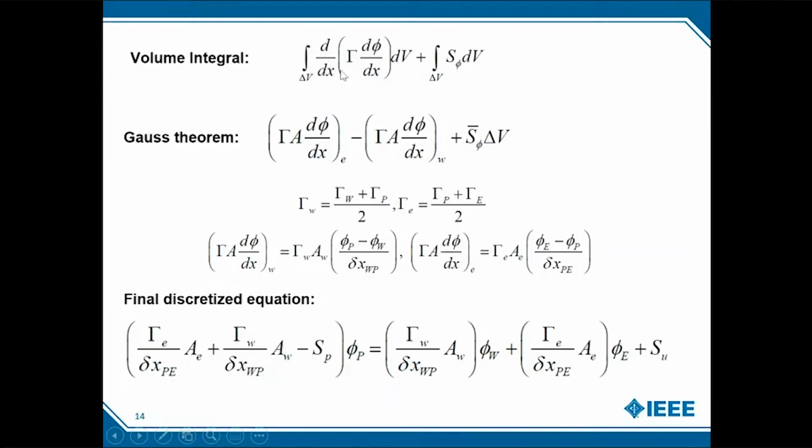Divergence is basically a 3D notation, but since we only have a 1D domain over here, this d by dx is equivalent to the divergence operator. So what the Gauss theorem said is divergence of any quantity is basically that quantity times the surface area. So it's basically this quantity over here, that is gamma d phi by dx times the surface area. That is what you see here, gamma d phi dx times this area over here, and gamma d phi dx times the area over here. Now what you see, these small e and w.